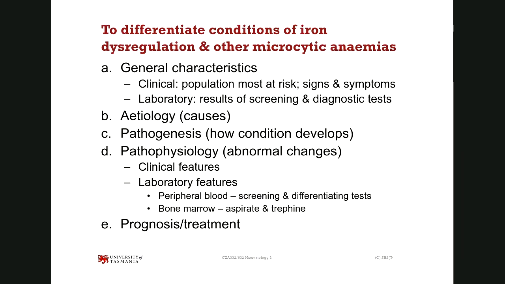Of course, before we get to that, just a reminder, with all of the different conditions that you have been learning about this semester, there are things that you need to be able to summarise as you're going, so that it makes it easier for you to prepare yourself better for your tests and exams.